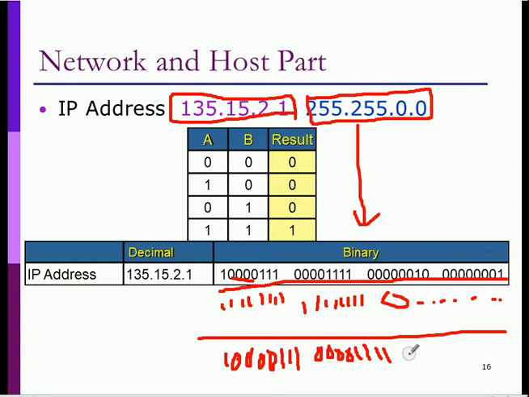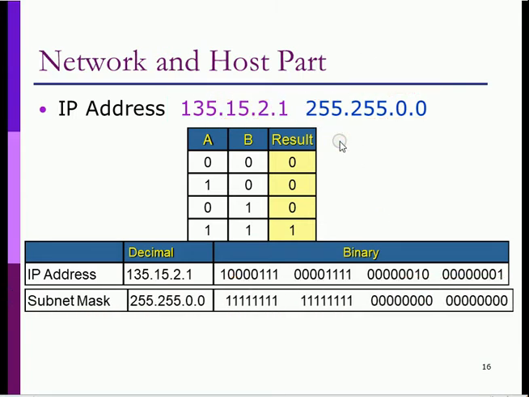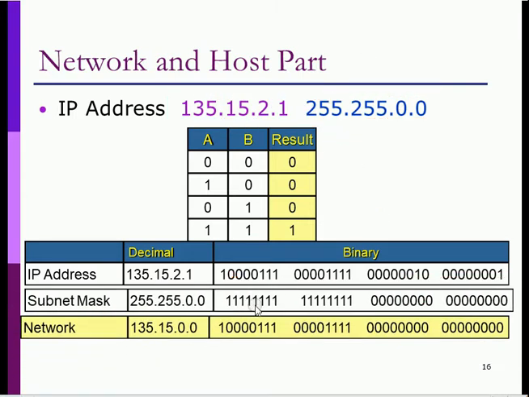No matter what is over here, it will give you 0 for this part of the address. So as you can see, your network address will turn out to be, ta-da, 135.15.0.0.